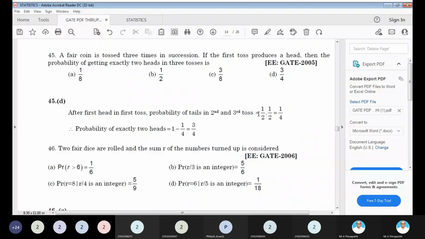So 1 by 2 into 1 by 2 equals 1 by 4. So the probability of exactly 2 heads is 1 minus 1 by 4, which is equal to 3 by 4.